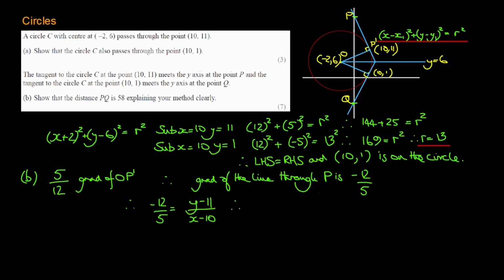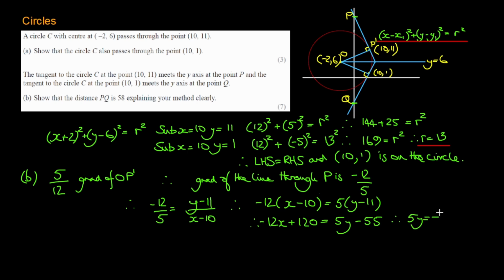So we cross multiply and get negative 12 multiplied by x minus 10 is equal to 5 multiplied by y minus 11. Multiplying out, negative 12x plus 120 is equal to 5y minus 55. Therefore, putting y on the left and everything else on the right, 5y is equal to negative 12x plus 120 plus 55, which is 175.